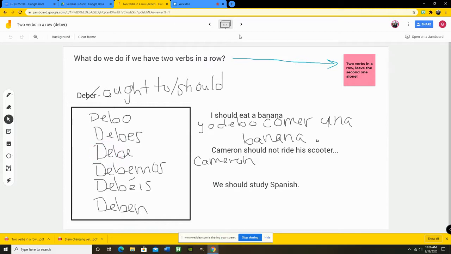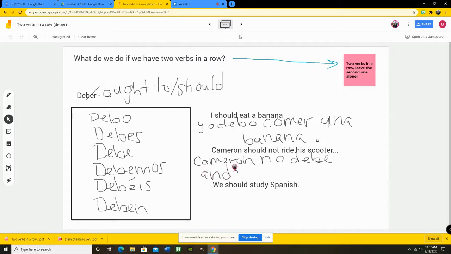Cameron, wait a second. He should not. If we want to make it negative, we just put no in front of it. No debe. On our vocab list this week, the verb to ride is not montar. It was andar. Andar was the phrase that we used.